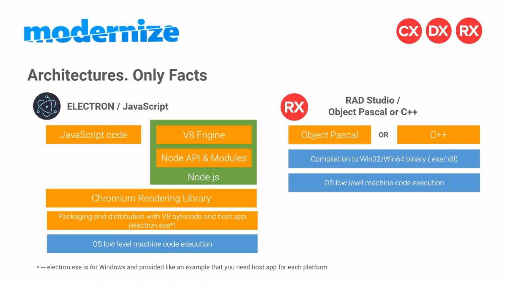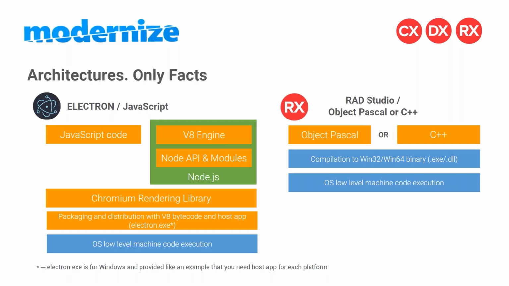You can rename this file, and after you go through all these layers, you can start this Electron host application, which will run your environment and your JavaScript code, which was transferred to low-level machine code, and it will be executed on the low-level machine.